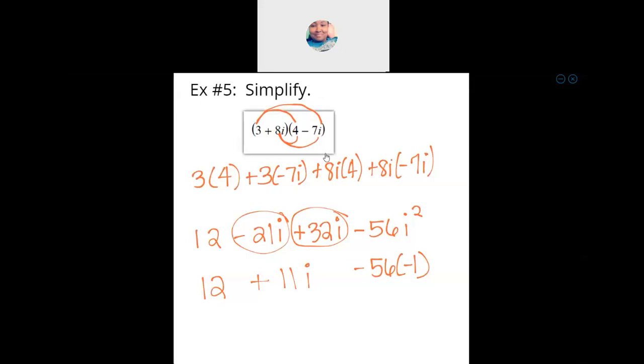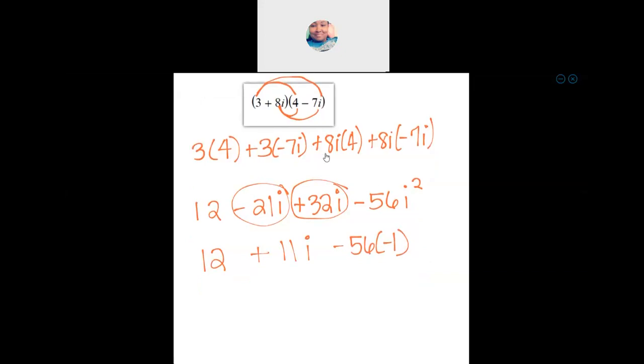So I have 12 plus 11i minus 56 times negative 1. So negative 56 times negative 1 is actually positive 56, because a negative times a negative gives me a positive.